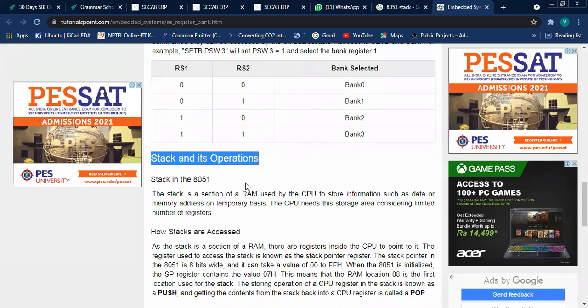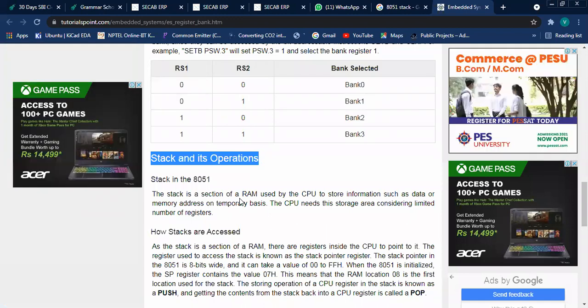What is this stack memory? Basically, the stack memory is used for storing temporary data whenever the processor is executing the program.